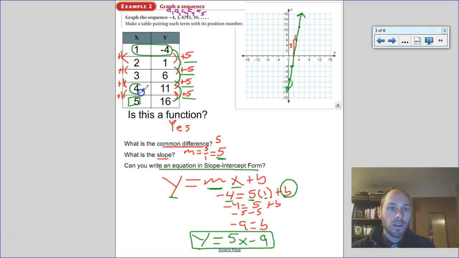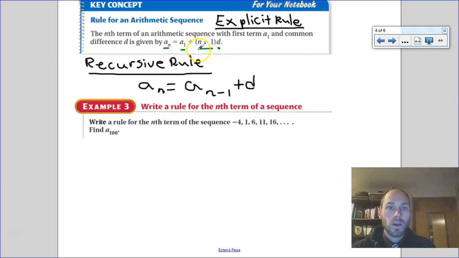To get the fourth term, I added the common difference 3 times: 1, 2, 3. Third term, I added the common difference twice. Second term, I added it once. My first term, I don't add the common difference any times. So it's always 1 less than the number of the term.